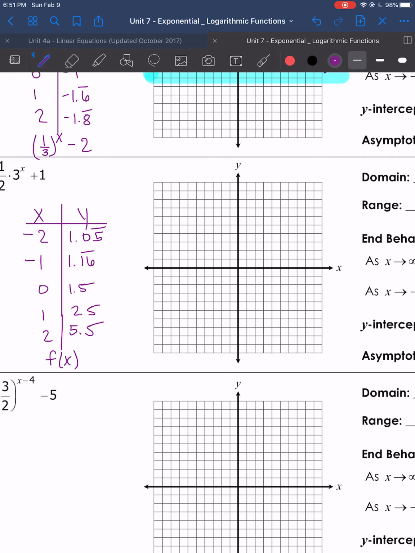So -2, 1.05, 1.16, 1.5. And these, as long as your graph looks similar and it's going the right way, I'm not going to grade you on your halves and all that, as long as it's close and all your information's right.